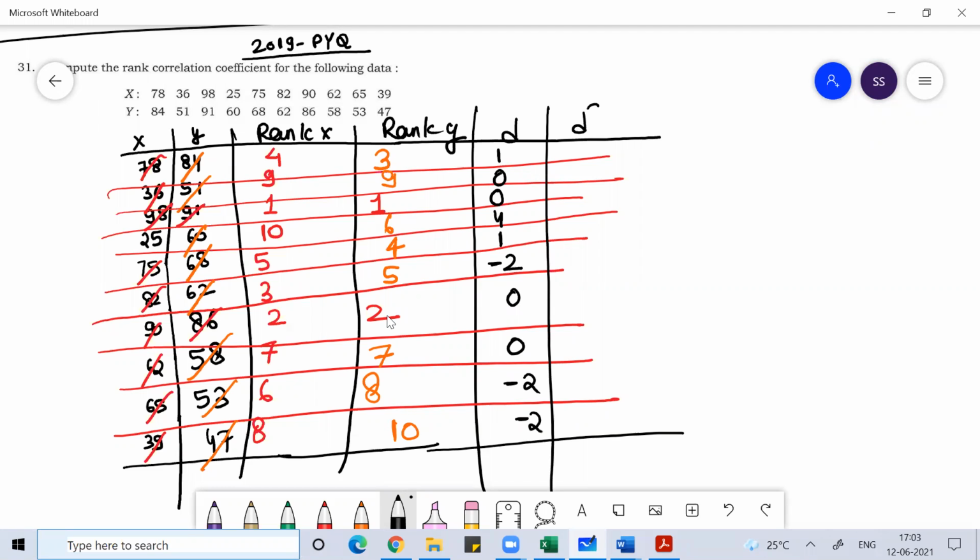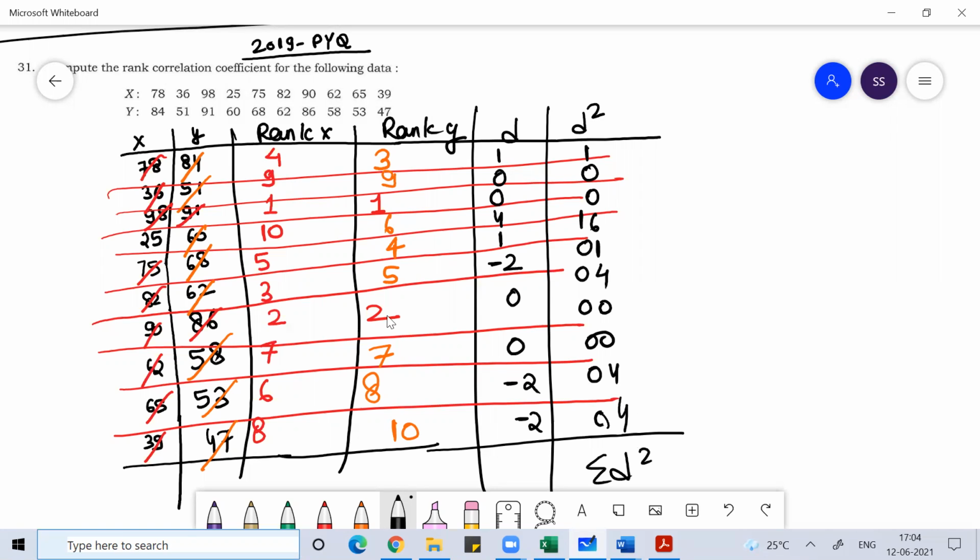Then do d square: 1, 0, 0, 16, 1, 4, 0, 0, 4, 4.